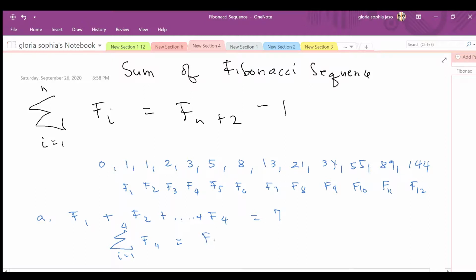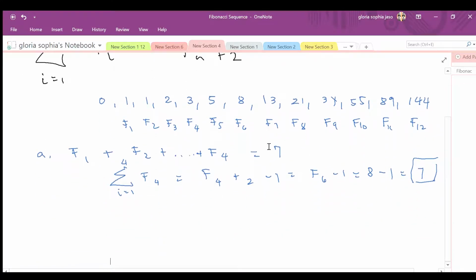So f sub 4 plus 2 minus 1. So that's f sub 6 minus 1. What is f sub 6, class? So that's 8 minus 1. So that is 7. Okay, so we get f sub 7. So kung ano yung na-obtain natin na sum manually.